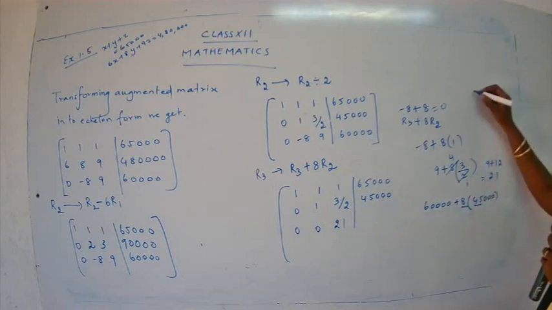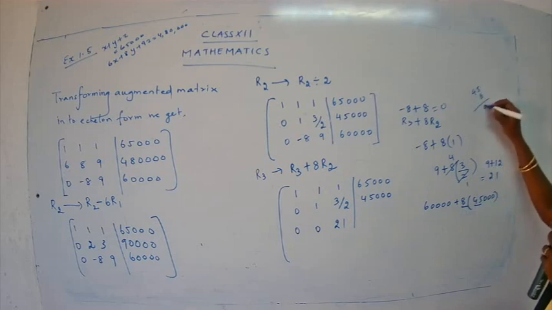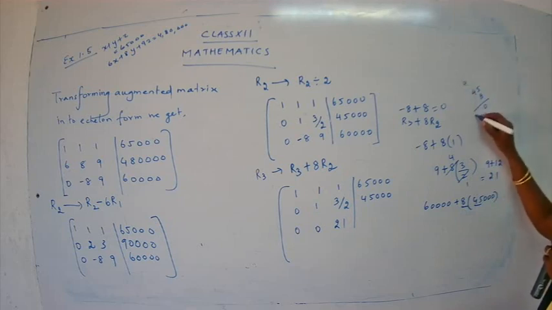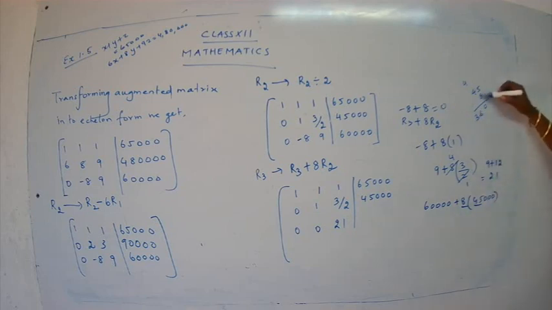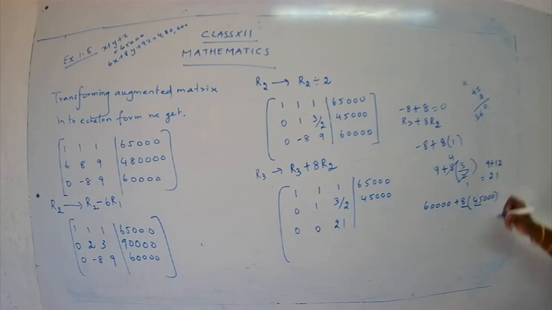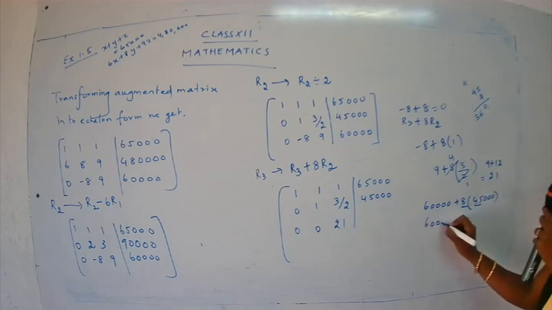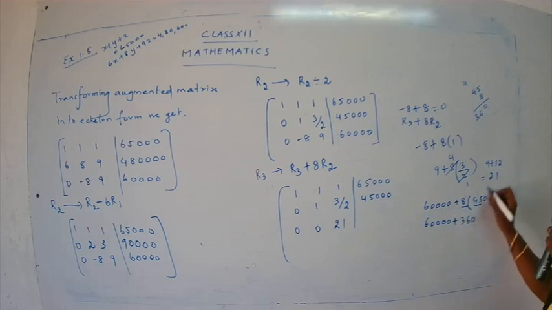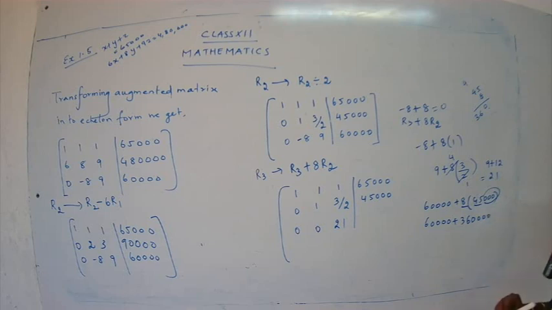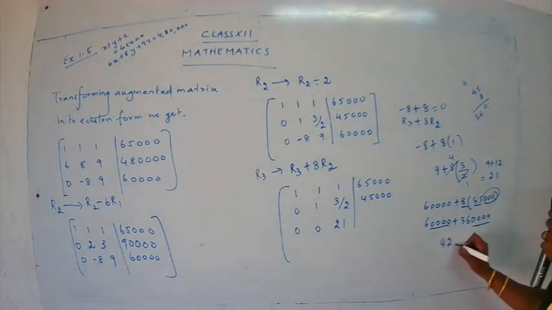So 45 into 8: 8 5s are 40, 8 4s are 32, 36, 360. So 60,000 plus 360 and 3 zeros. So 6 plus 36 gives you 42, and 4 zeros.